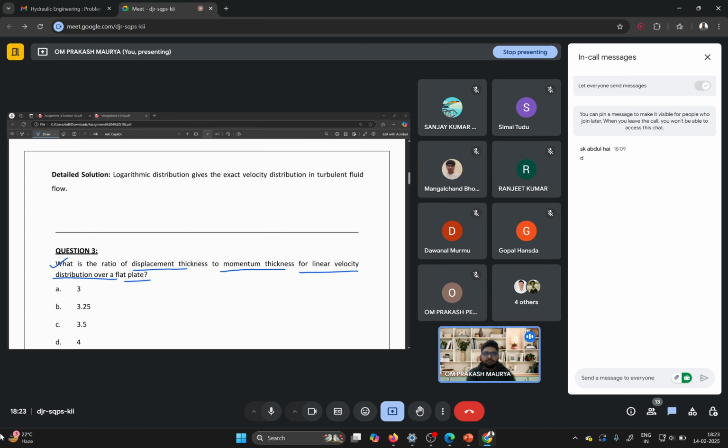Here the linear velocity distribution means whatever the velocity distribution was given in the first question, that is small u by capital U equal to y by delta. This is the variation. So considering this variation, please calculate the ratio of displacement thickness to momentum thickness.